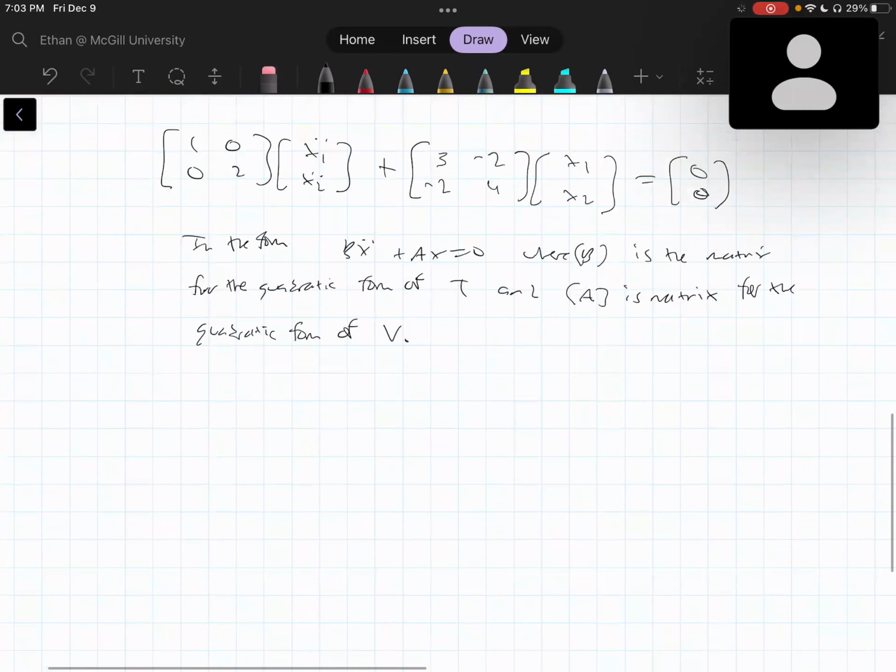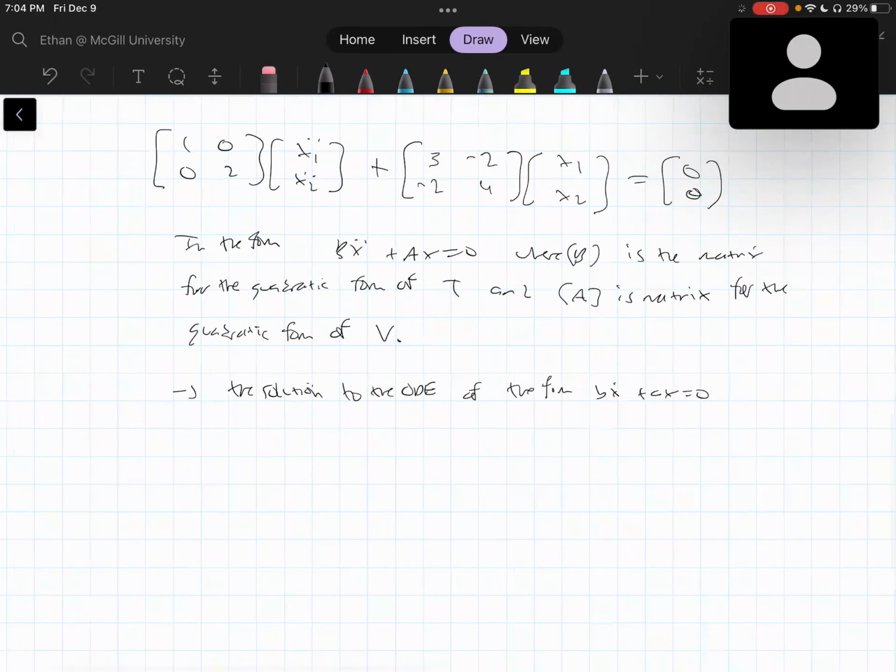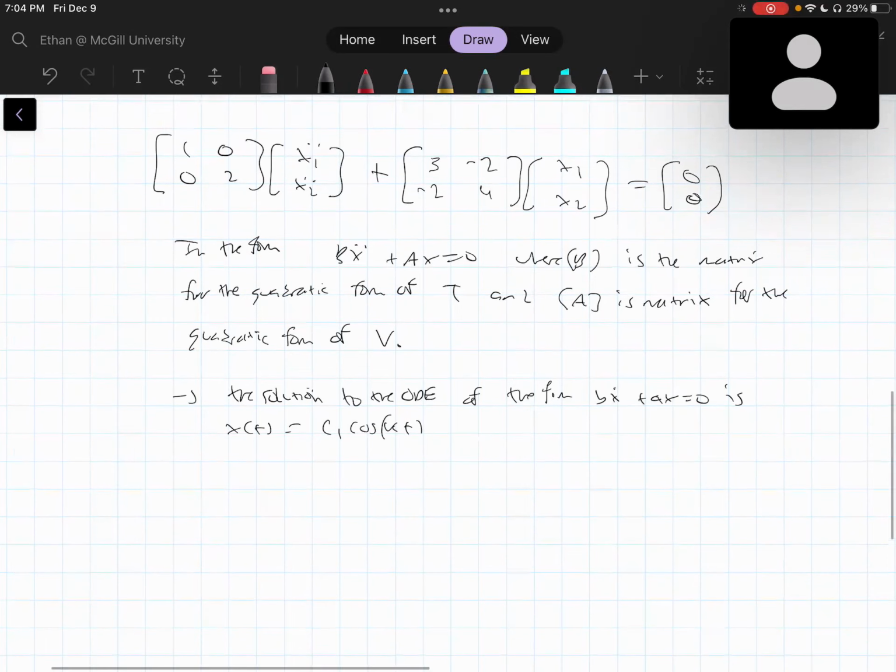So the solution in general, the solution we've seen in ODEs, the solution to the ODE of the form bx dot plus ax equal to 0, where b and a are just numerical constants, not matrices, is x of t is equal to c1, which is some constant, cos of k, a constant, times t.